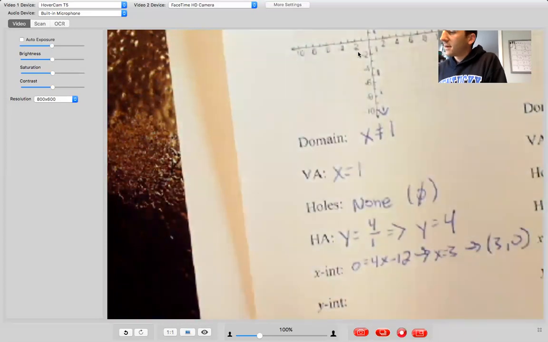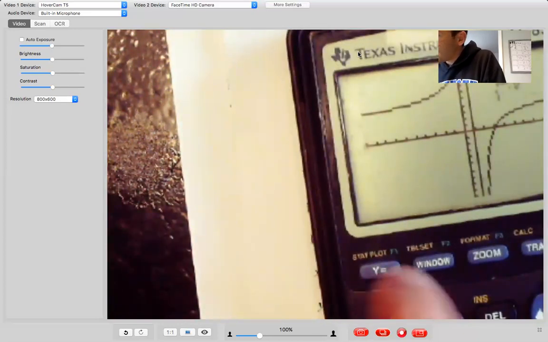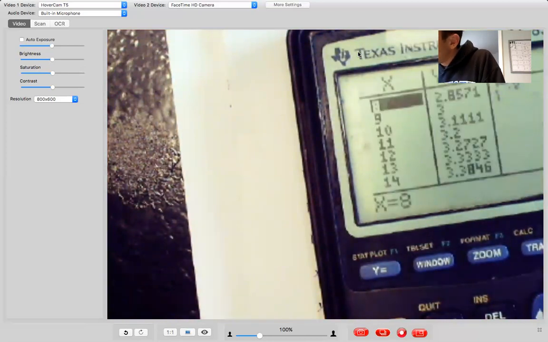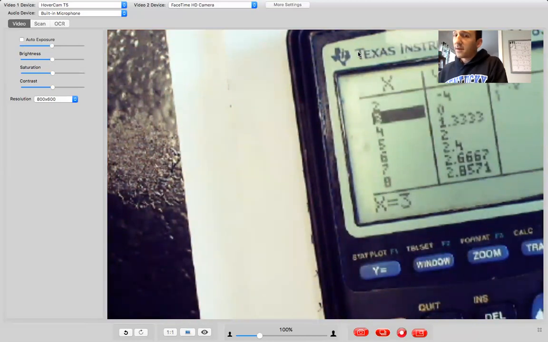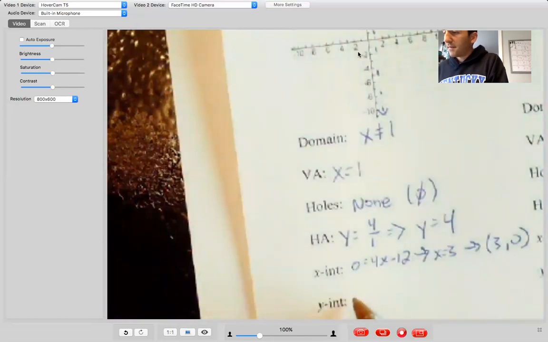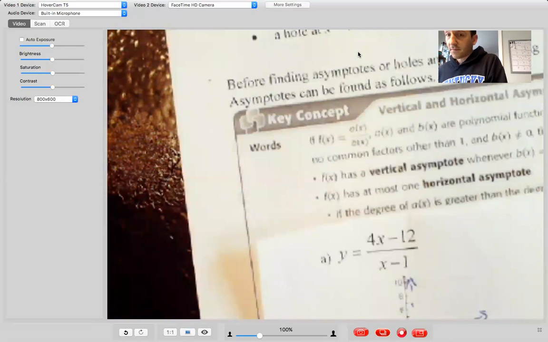And then we can always look back at our table and see if that all works out. Visually, you can see that it does look correct. Seems to pass through 3, 0, but just to be sure, we can just go right there to see that it does go through 3, 0. The y-intercept, so then we go back and we think that's where x equals 0.